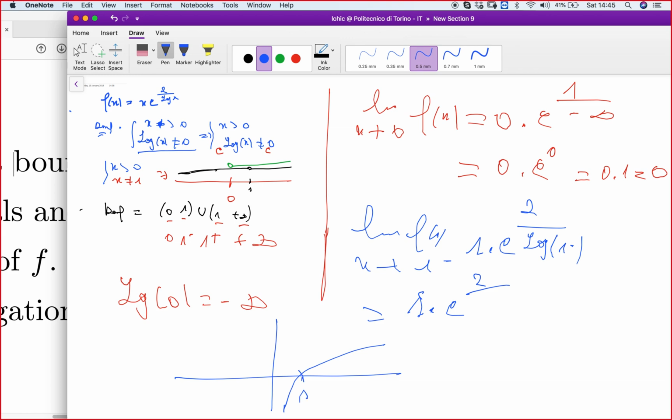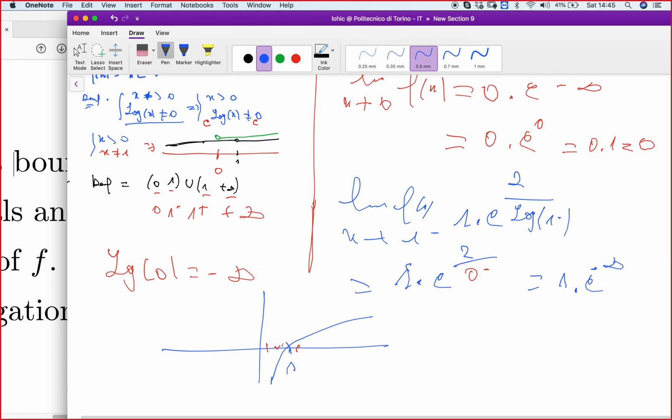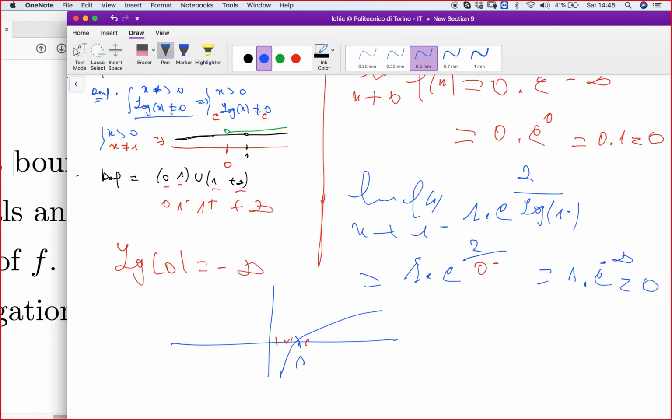This is 1. When I am at the left of 1, the logarithm is negative, so it is coming to 0 minus. At the right it will be 0 plus. So this is 1 times 2 over 0 minus, which is minus infinity. Exponential of minus infinity is 0. Any question?